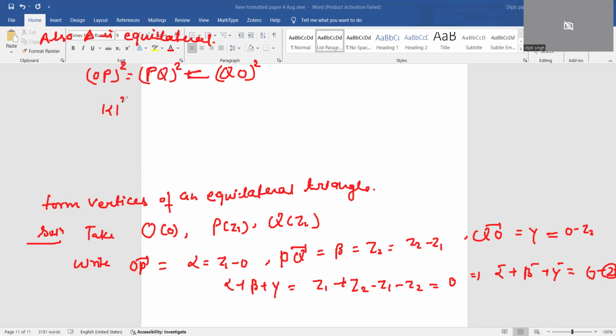So this is alpha square equals beta square equals gamma square. Alpha square means alpha alpha bar, beta beta bar, gamma gamma bar equals K.